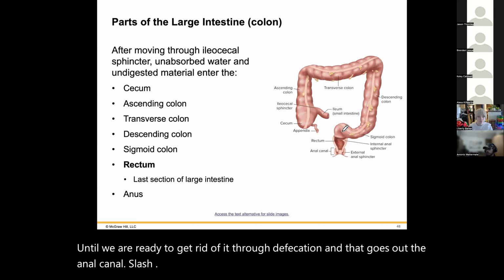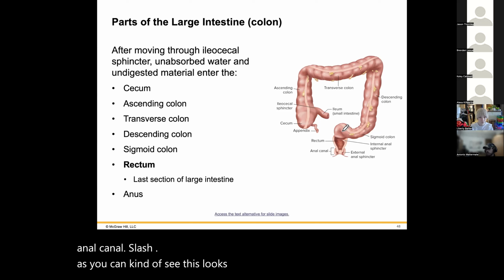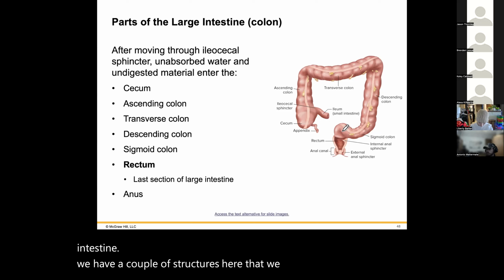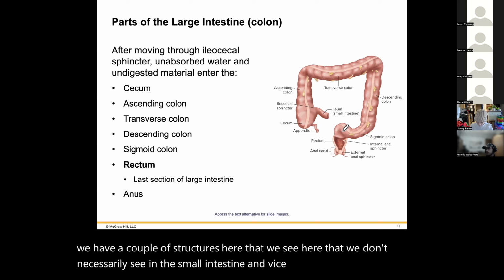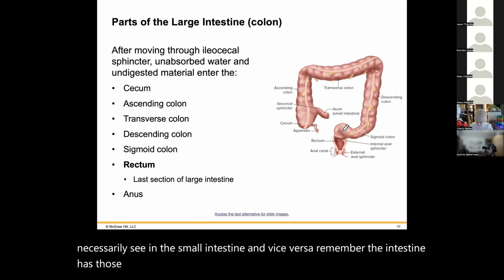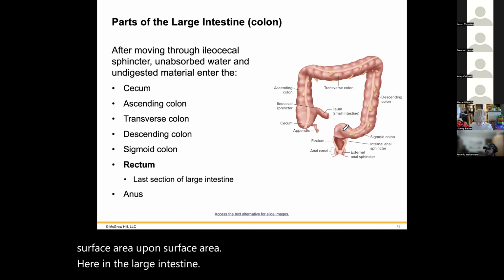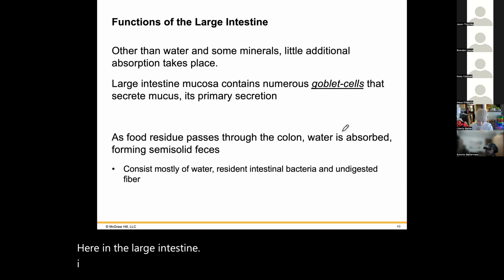As you can see, this looks drastically different from the small intestine. We have a couple of structures here that we don't necessarily see in the small intestine, and vice versa. Remember, the small intestine has those plicae, those villi, and those microvilli. Surface area upon surface area upon surface area. Here in the large intestine, I don't really see that.